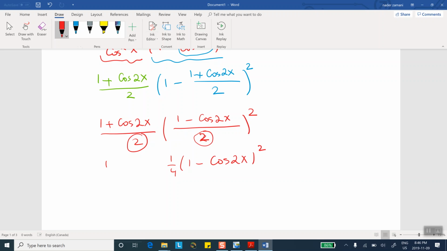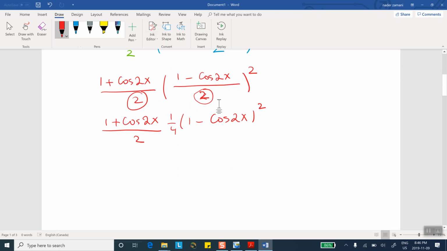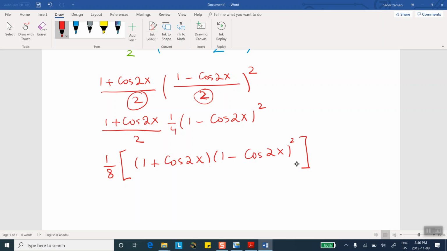And this one I'm going to leave the way it is, cosine of 2x over 2. Okay, so these two are going to come out as 1/8 times 1 plus cosine of 2x times 1 minus cosine of 2x to the power 2.